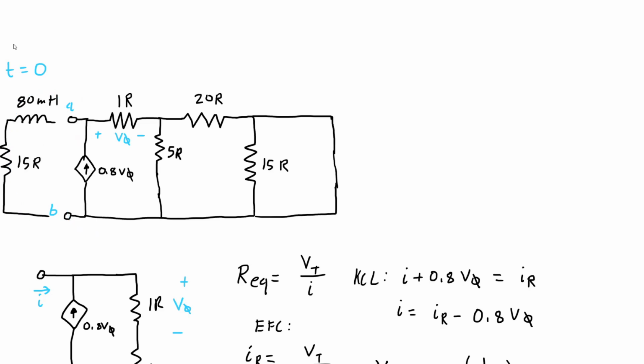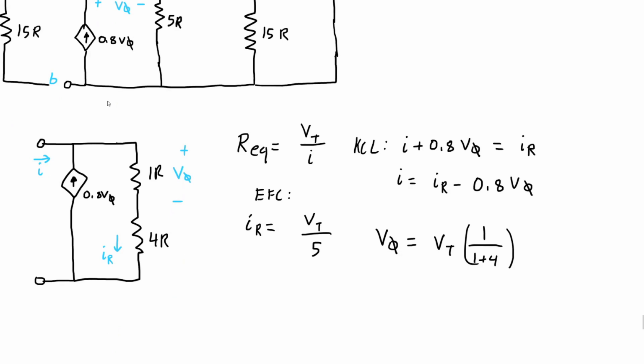The reason I did that is because it's easier to find the R equivalent of the whole thing without this 15 ohms at the bottom. The 15 ohms is just going to be in series, so we can add it back to find R_EQ. So I should say this is R_EQ prime, and R_EQ is going to end up being 15 plus R_EQ prime.